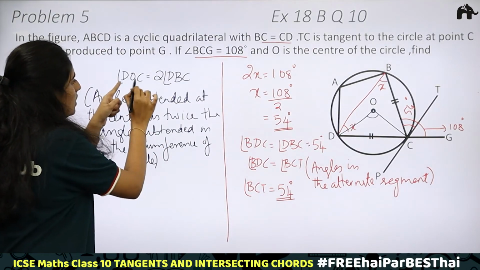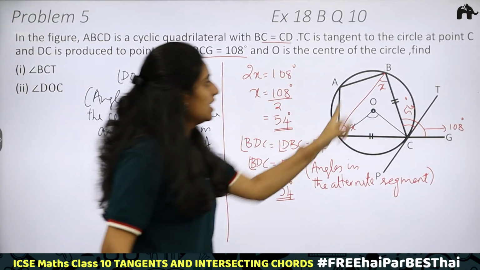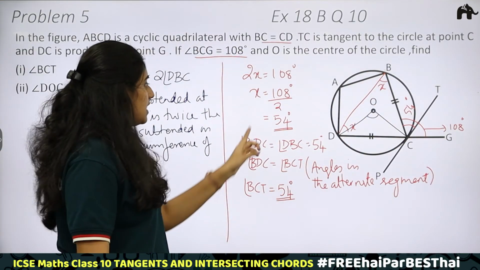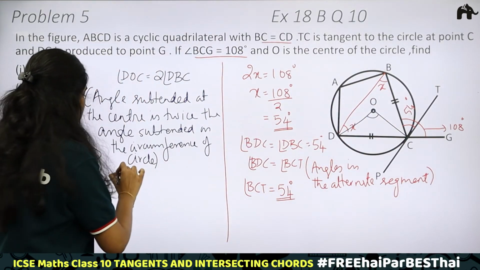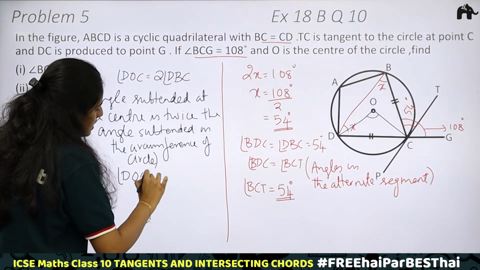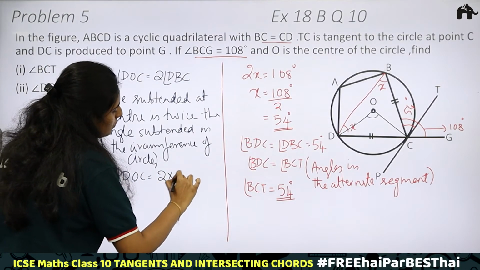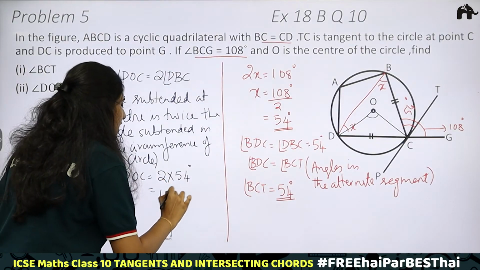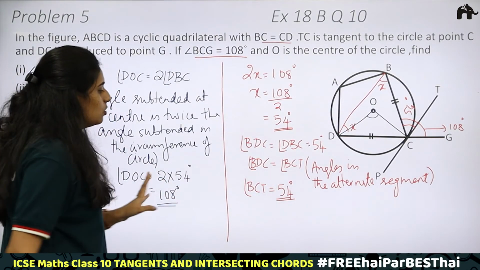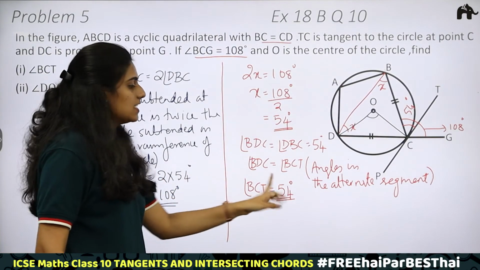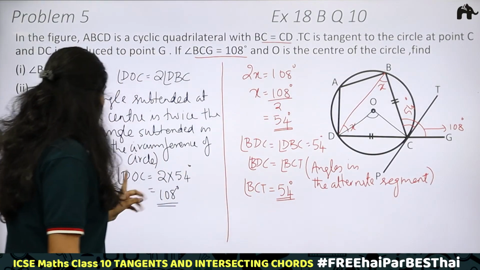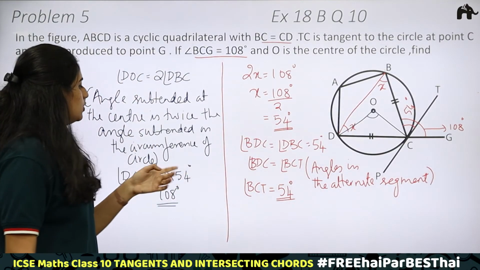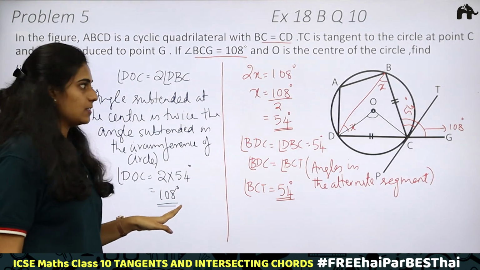So we need DOC. What is DBC? DBC we have already determined, that is 54 degrees. Therefore, DOC is equal to 2 times 54 degrees, 108 degrees. So we got the two required angles. BCT is equal to 54 degrees and DOC is equal to 2 times 54 degrees, that is 108 degrees.